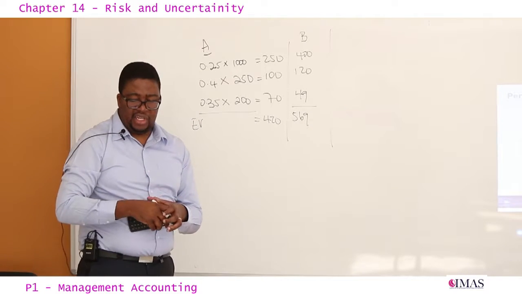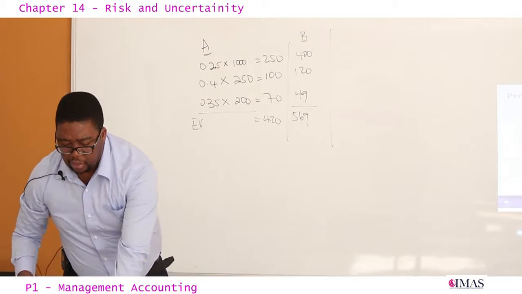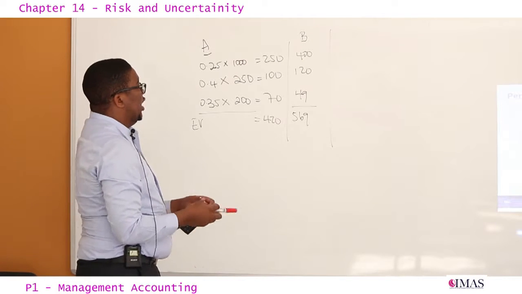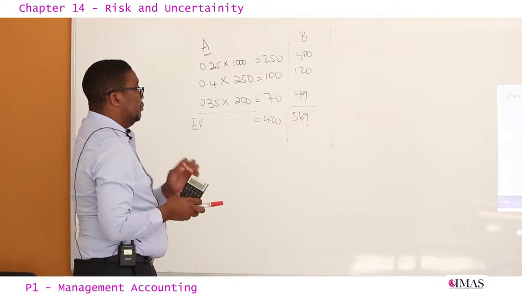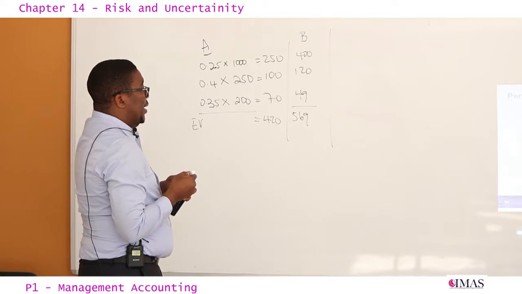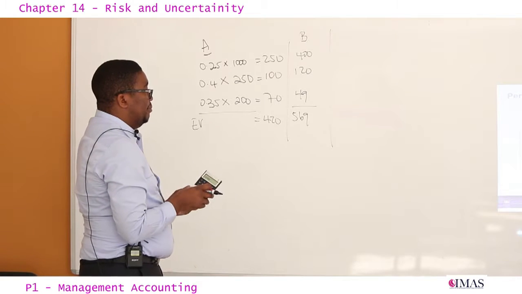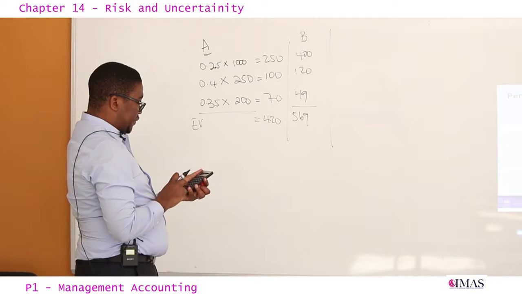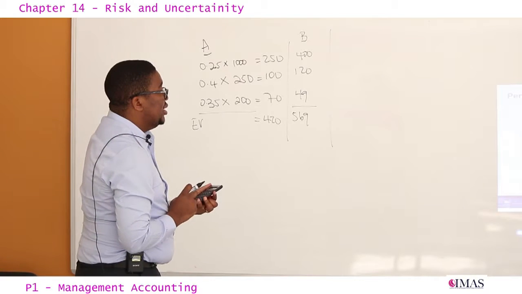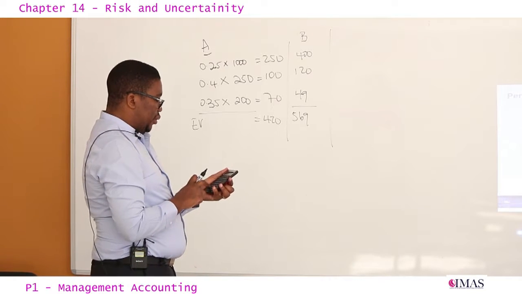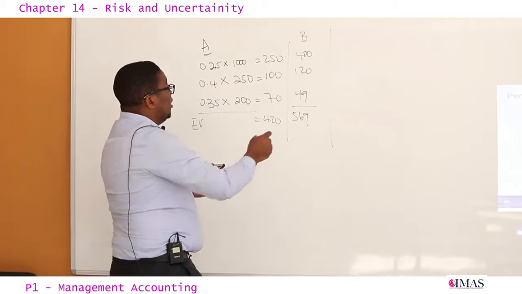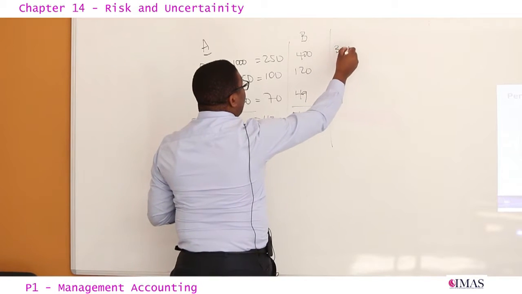For project C, okay? For project C, now what is it that we need to do? We need to take the very same probability and apply it to the possible outcome. Therefore, there's a 25% probability that consumer reaction will be 1,200. So that will be 300.